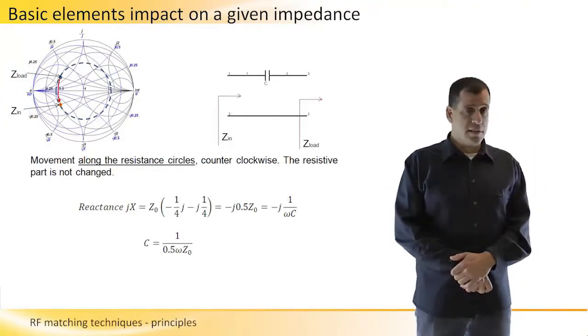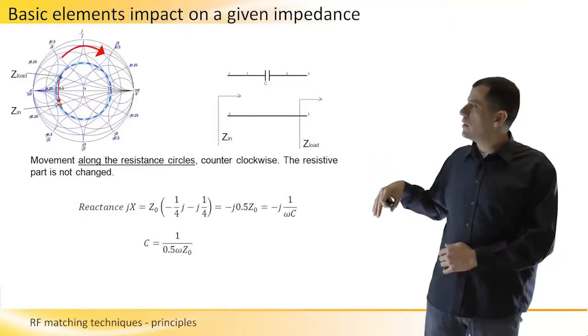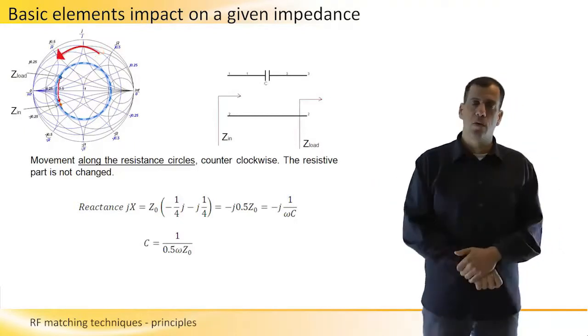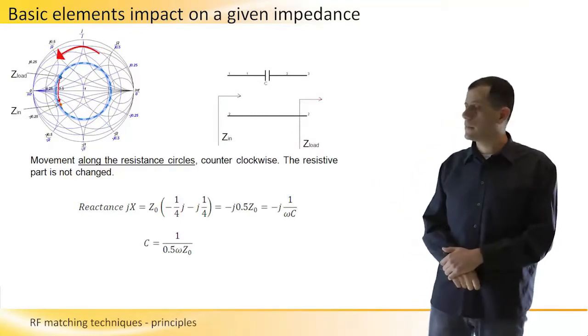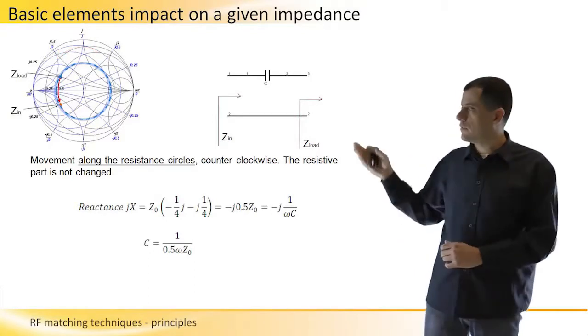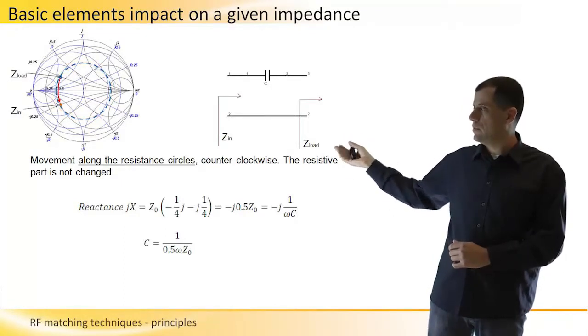But in difference than before, when we moved clockwise, in this case we move counterclockwise along the resistive circle that is equal to the resistive part of the impedance of the original Z load.